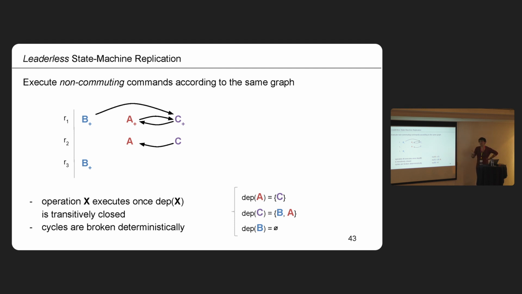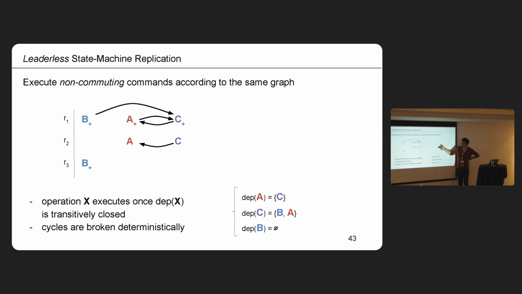So we have cycles. Effectively, as you have noticed, Gregory, we have cycles that can form. So for instance, in the previous slide, the dependency of A with C was not known so far at replica 1. But as the system progresses, eventually replica 1 will know this information.